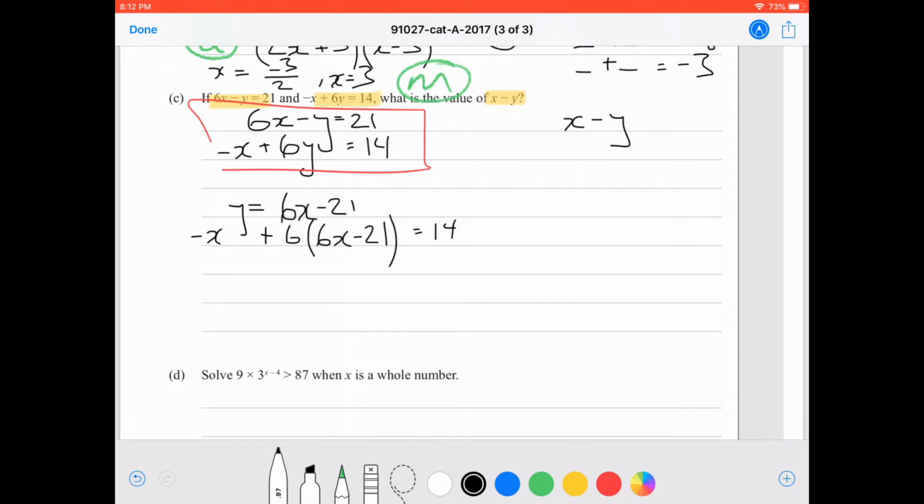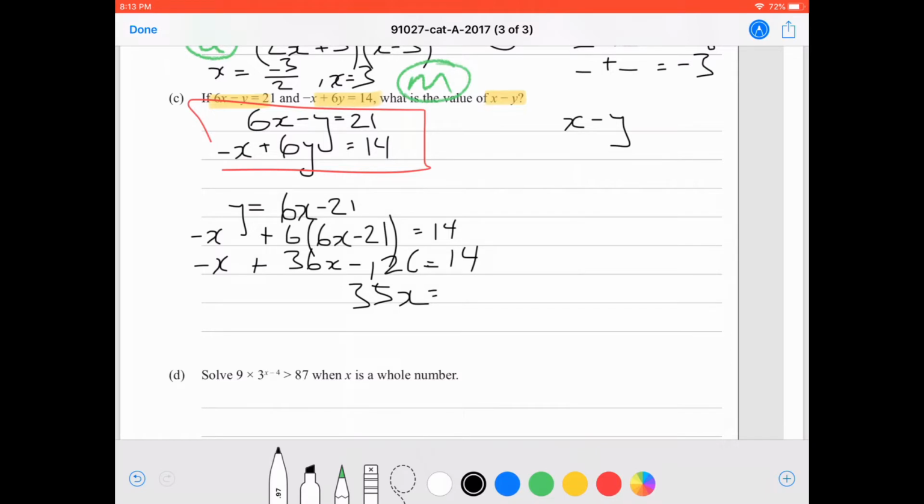Okay, expanding the brackets, you've got 36x minus, now 6 times negative 21 is negative 126 equals to 14. Collecting like terms, you've got 35x, and let's move our negative 126 to the right hand side.